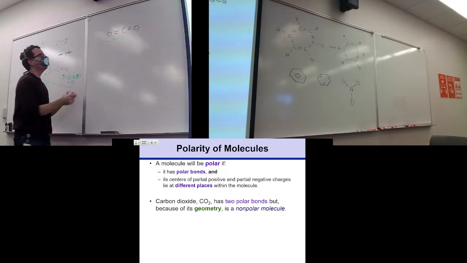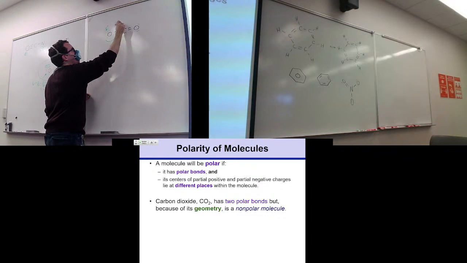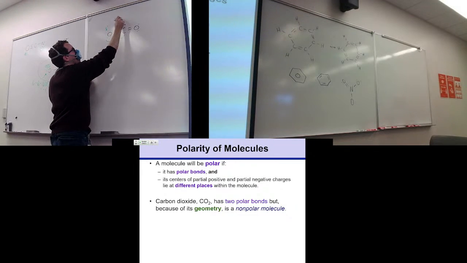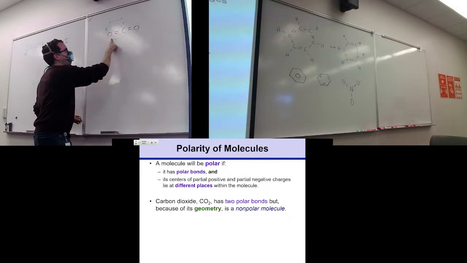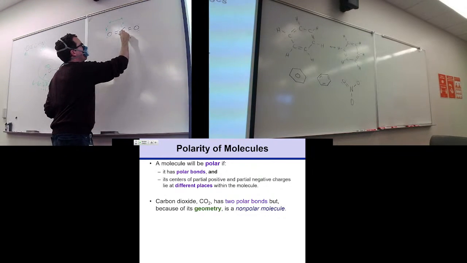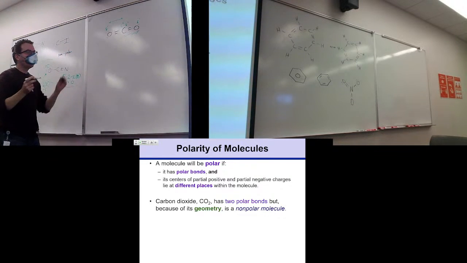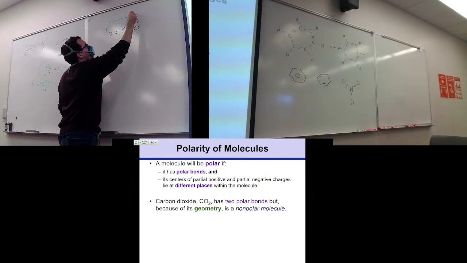Oxygen's more electronegative, so there's a partial negative on the oxygen and a partial positive on the carbon. If I draw the dipole moment, it's going this way. Now if I look at the next bond, this one here, the same thing happens, it's just going the other way. There's a partial negative on this oxygen, a partial positive on the carbon from that bond, and the dipole moment goes the other way.